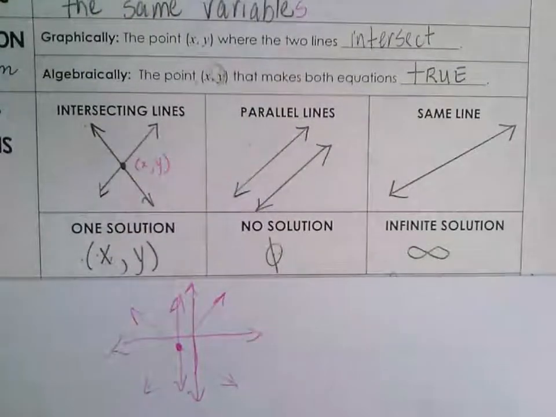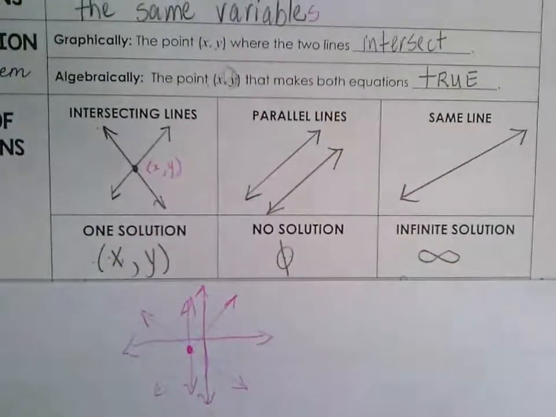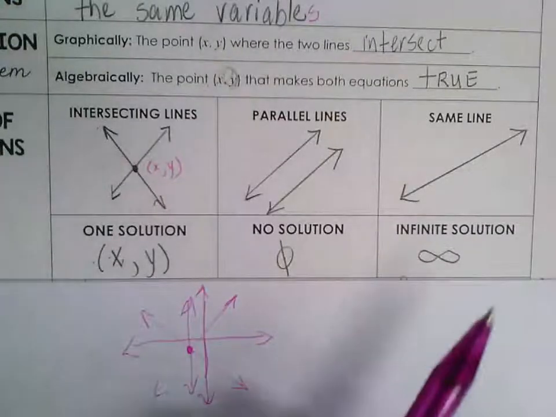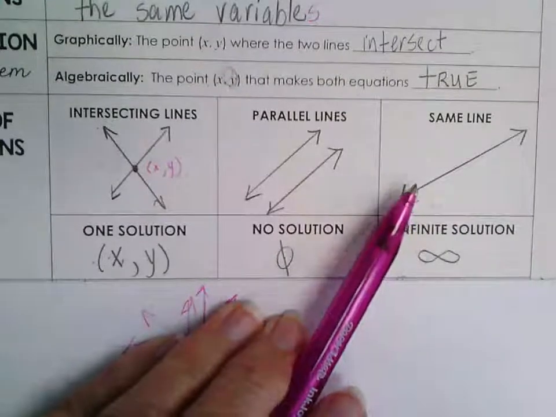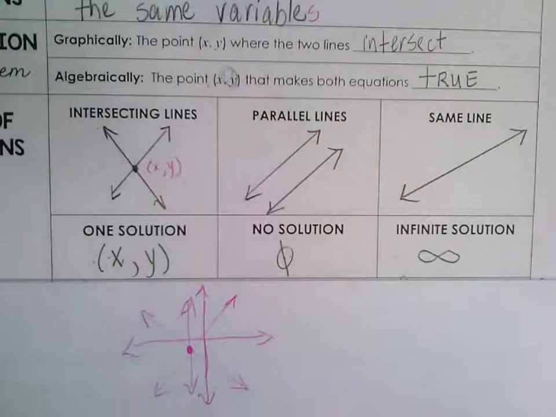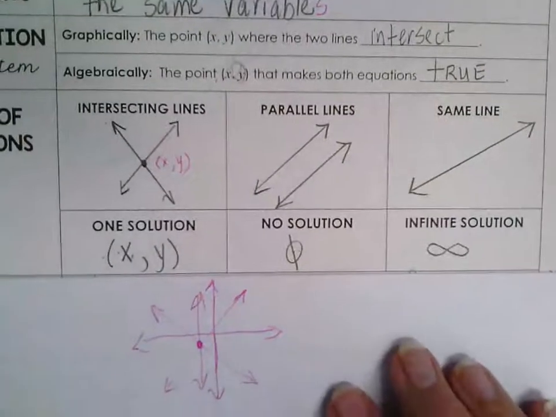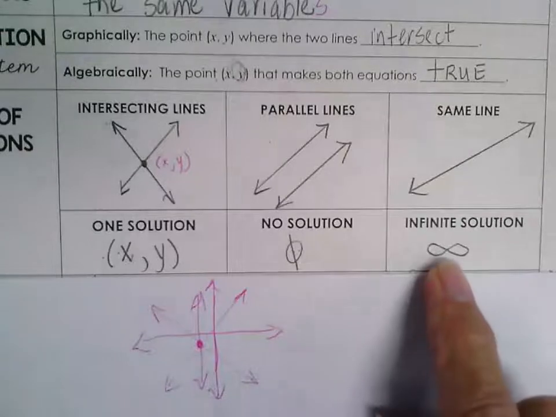The last one is where the two lines actually represent the exact same line. And so when you graph it, you're going to have two lines that overlay one another. And I believe I did this in Desmos for the class, Elijah, so I will share that link with you. So if you want to look at it, you can see it.